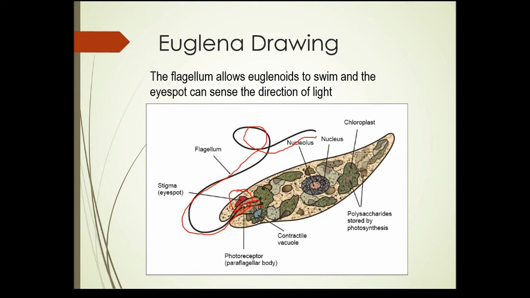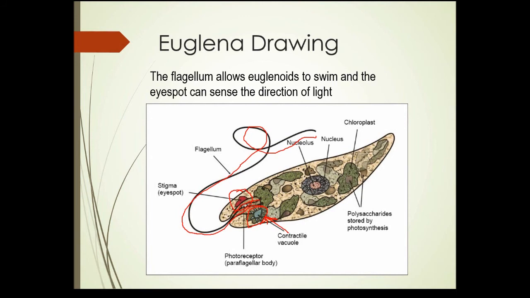Looking inside, you can see things that we might recognize as similar to plant cell structure that we saw in the unit on structure and physiology. Here we have a central vacuole. This is a contractile vacuole that functions like the vacuole in a plant cell.